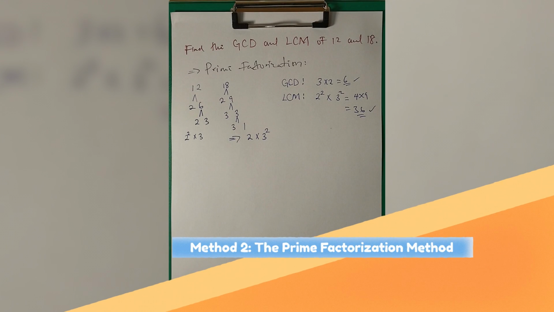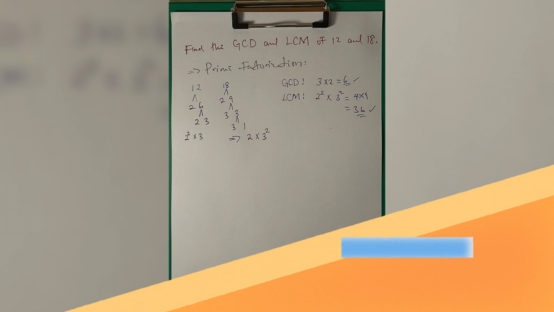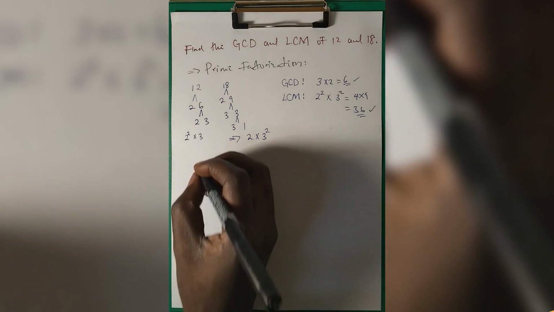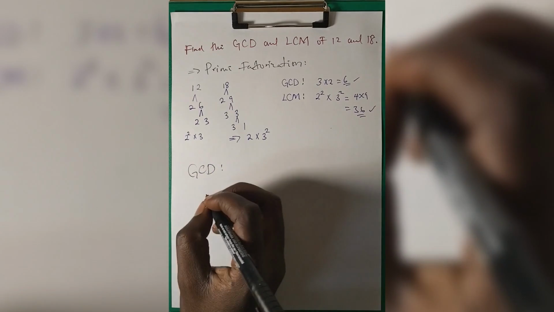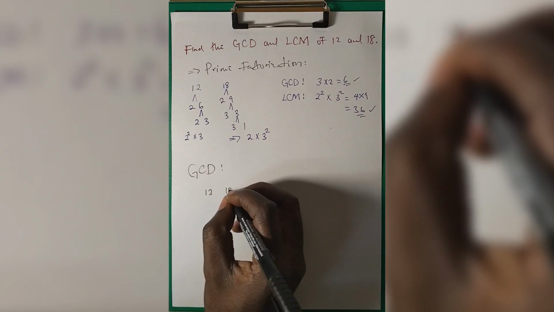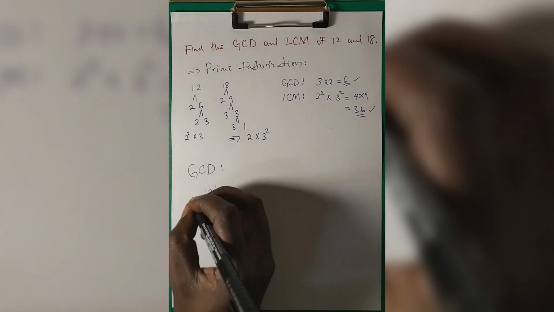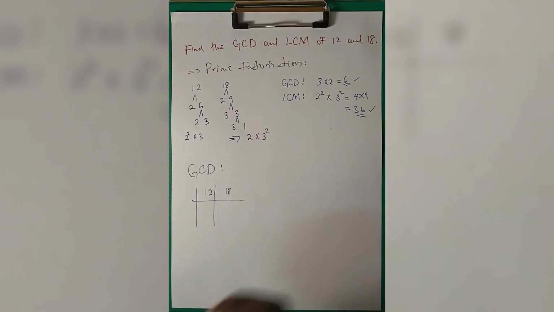But still, you can find the GCD and the LCM using the table method. Let's use the table method. We put 12 and 18 together, and here we find the common divisors.